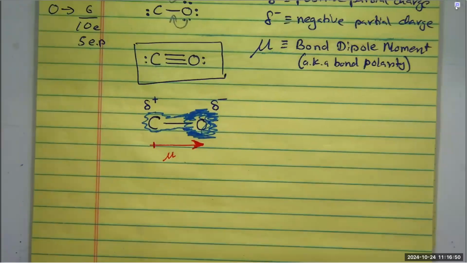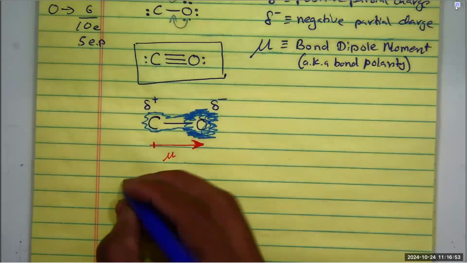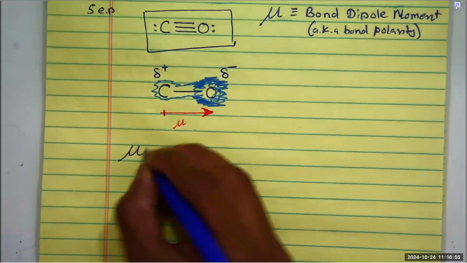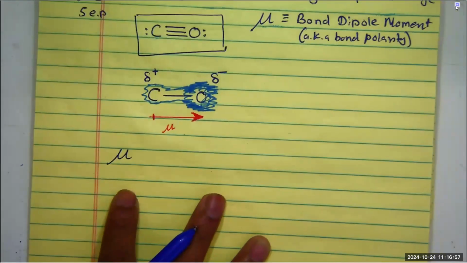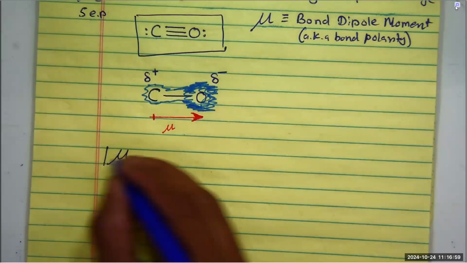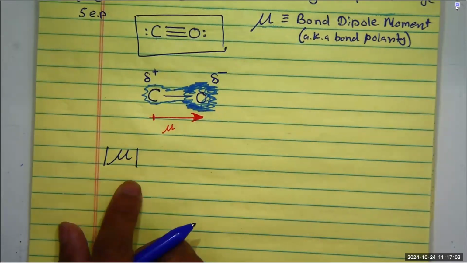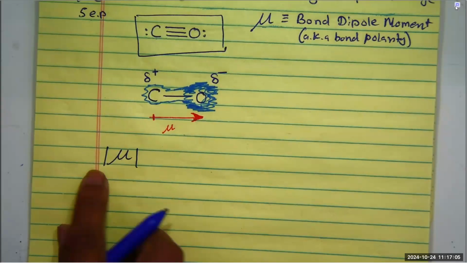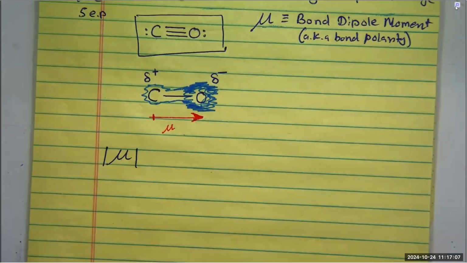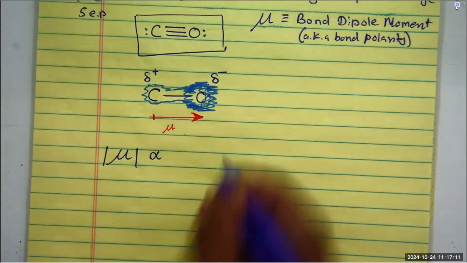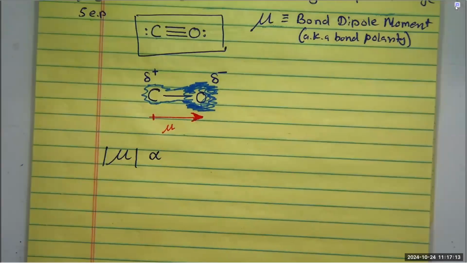The bond dipole moment magnitude. I'm going to write it like this. So here's the bond dipole moment mu. For the magnitude of that, I'm going to indicate this in two lines like this because I only care about the magnitude, not the direction. That's what is meant by this. The absolute value is directly proportional to, pardon my Greek here, delta chi.